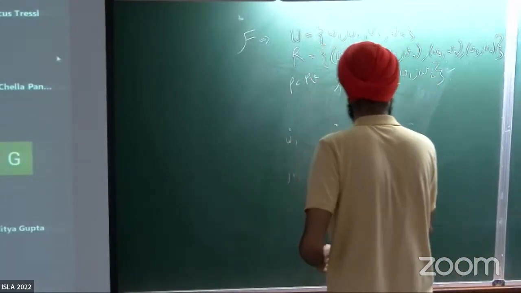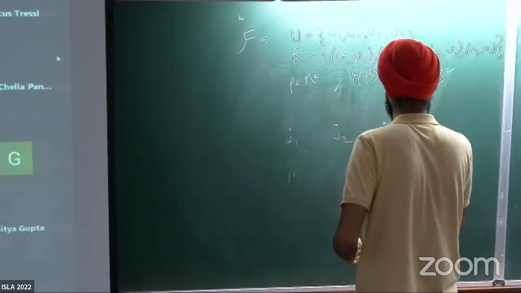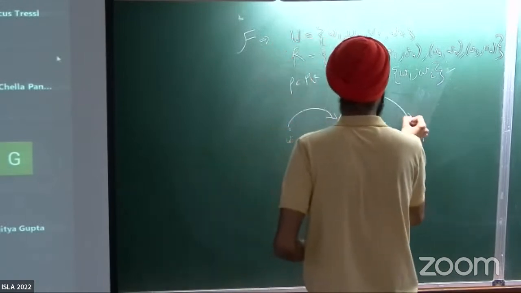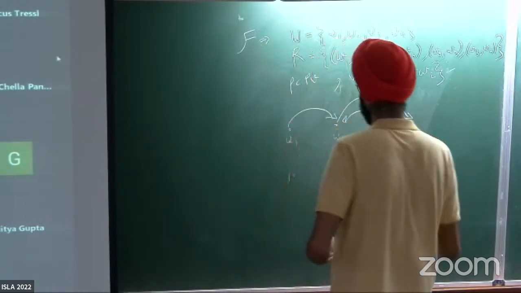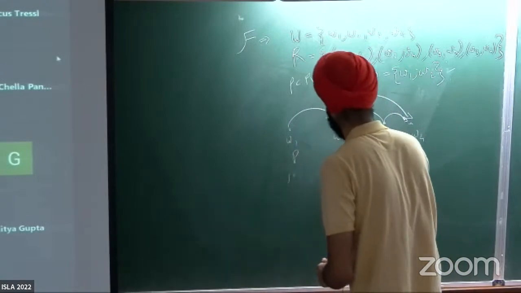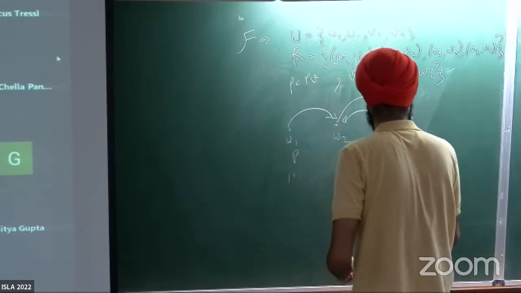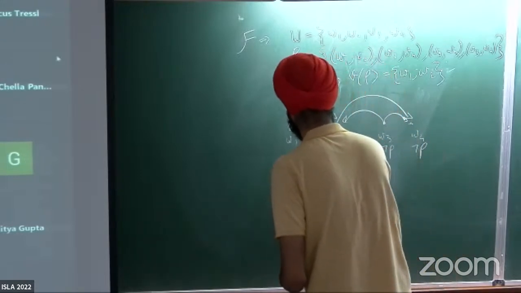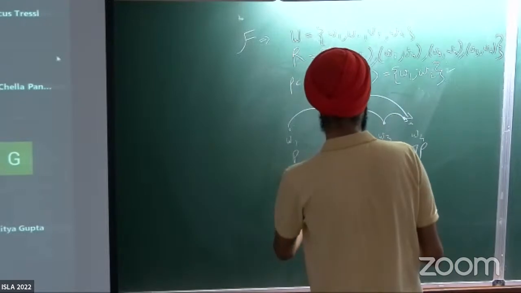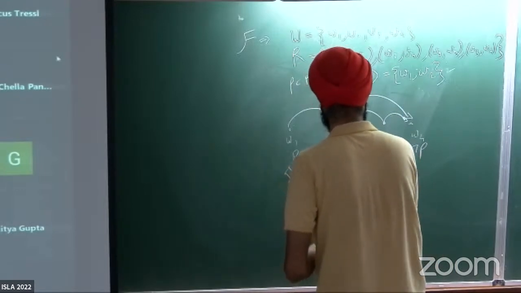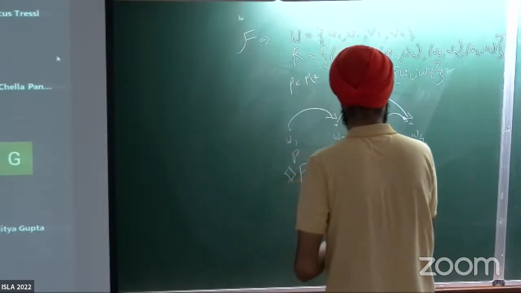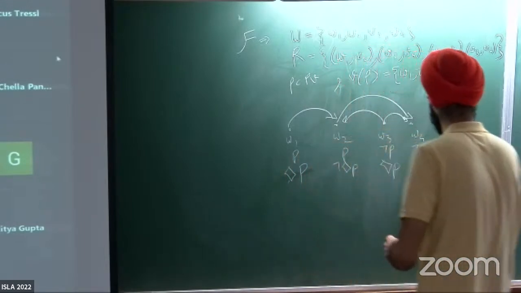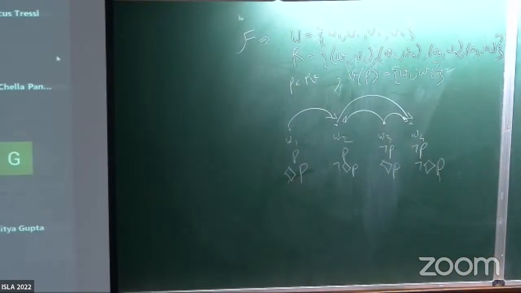W1, W2. Here, according to the mappings, these are the mappings. Now we can see that P is true here, P is not true here. Diamond P is true here, diamond P is not true here, diamond P is true here, and diamond P is not true here.